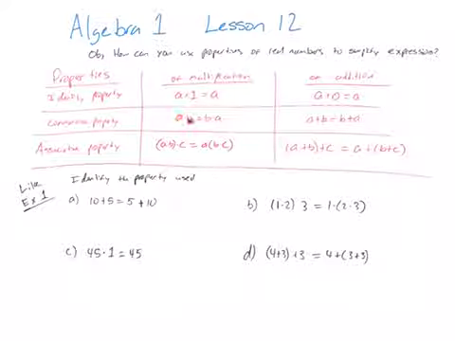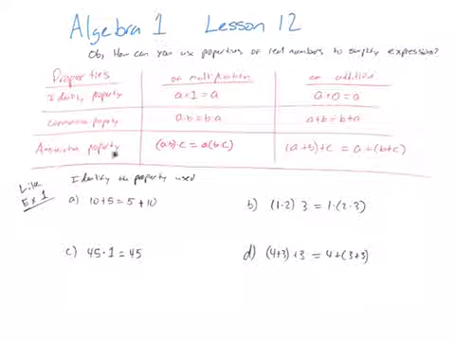So A times B, if we're talking about the commutative property of multiplication, A times B is the same thing as B times A. And same idea here, the commutative property of addition. It's going to be A plus B is the same thing as B plus A. Or think of 1 plus 2 is the same thing as 2 plus 1. We're just using letters to represent that.